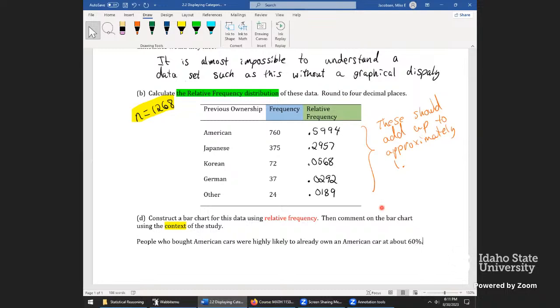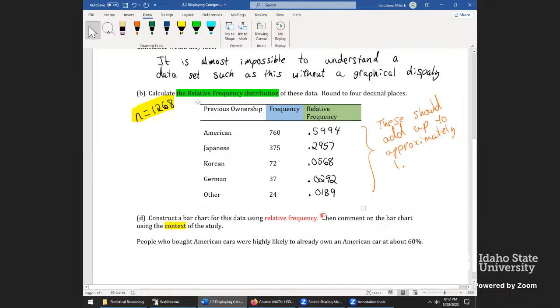So that's one thing that would pop out immediately at us. The marketing firm would probably give advice to the car dealership that, well, if you want to sell more American cars, maybe start marketing in slightly different ways, say some things about these other car makers, for example.